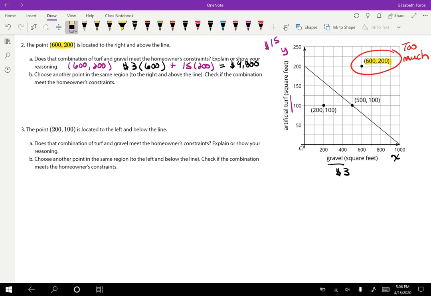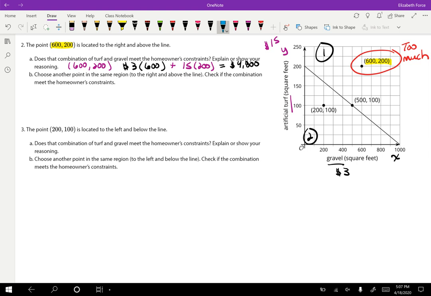So if we go to part B, it says choose another point in the same region. When they say region, I don't know if you remember from the previous lesson with Mr. Ryan, this line cuts our graph into two regions. So here's region number one, here's region number two. We're going to pick another point in this region and see if this combination meets the homeowner's constraint of $3,000.